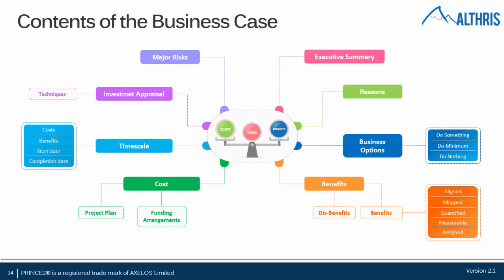If we've used some sort of investment appraisal, how that works, what technique, ROI or something like that, and any major risks. So the business case is not actually a very large document. 2, 3, 4 pages is often plenty, and it will be tailored for your own particular organization, so you can change it.